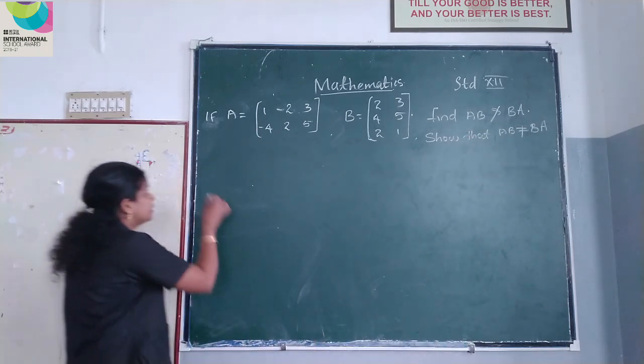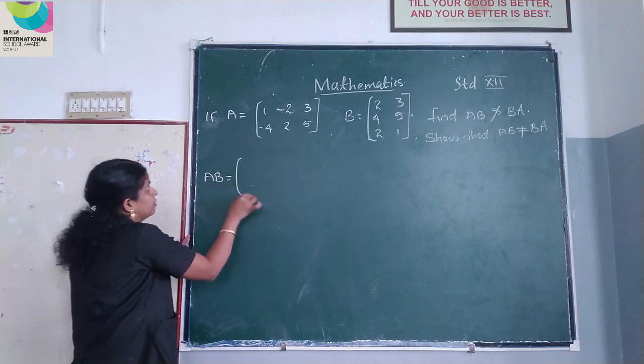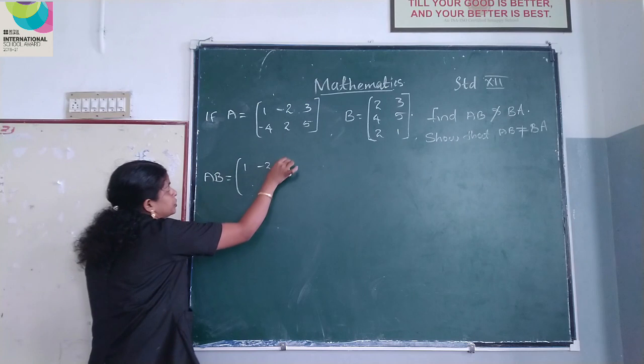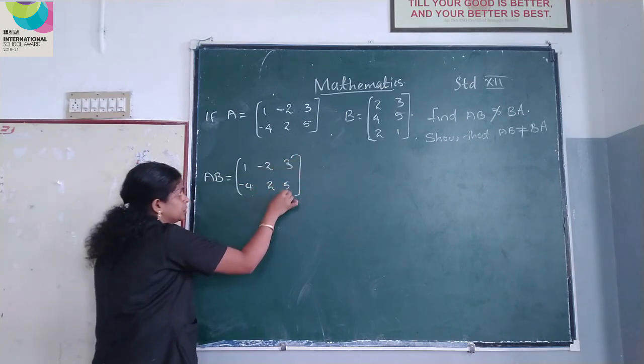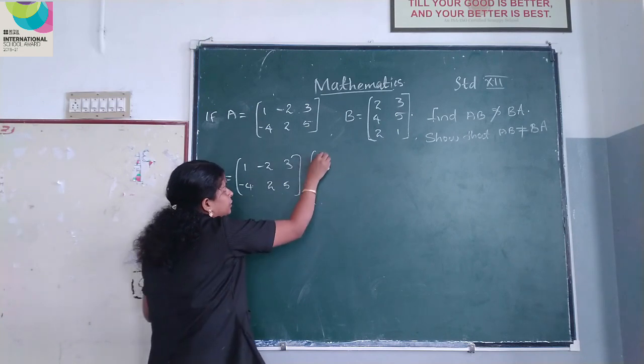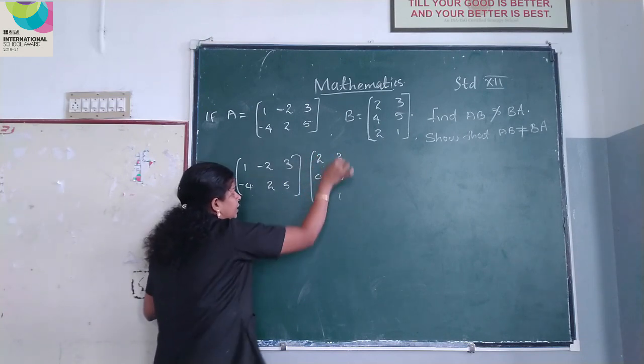Okay, so AB is equal to the matrix [1, -2, 3; -4, 2, 5] into B, where B is equal to [2, 3; 4, 5; 2, 1].